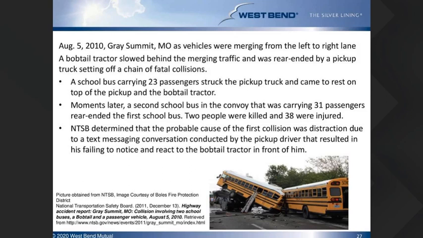The NTSB determined that the probable cause of the first collision was distraction due to text messaging conversation conducted by the pickup driver. And again, it didn't allow him the ability to see that bobtail tractor in front of him slowing due to that merging traffic. So again, an absolutely preventable situation that led to the death of 2 people and 38 injuries.